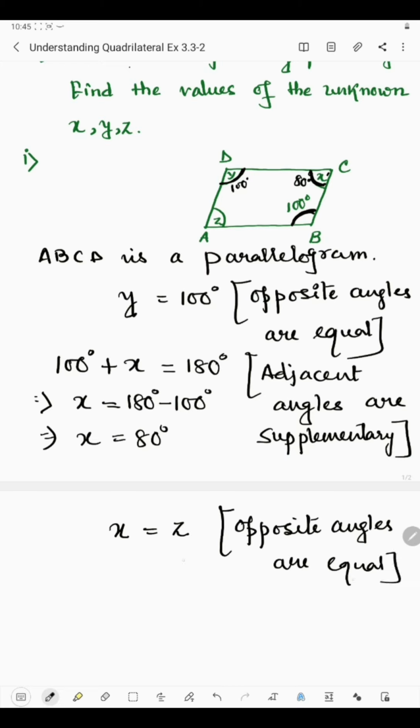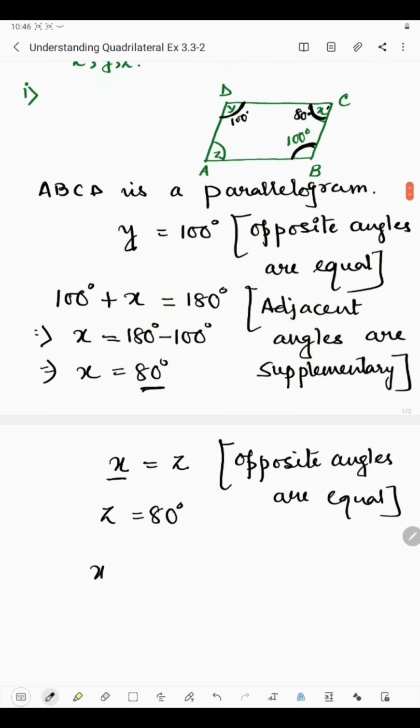Now we have got the value of x, which is 80 degrees, so what will be the value of z? It will be 80 degrees. So x is equal to 80 degrees, y is equal to 100 degrees, and z is equal to 80 degrees again. So this was part 1.